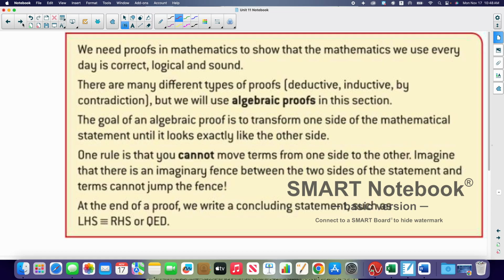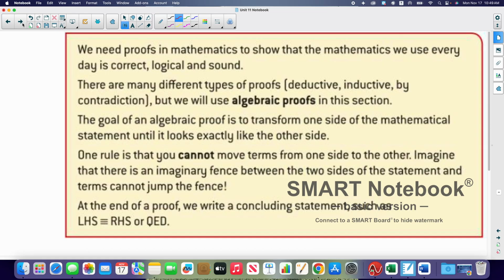All right, so we have a couple proofs that we have to do in IB. When's the last time you did a proof? Geometry. You had to do some proofs in geometry. All right, and so the proofs, you had to give a reason why. We're not going to have to give the reason why. We're just going to show the work on how we get from one step to another.